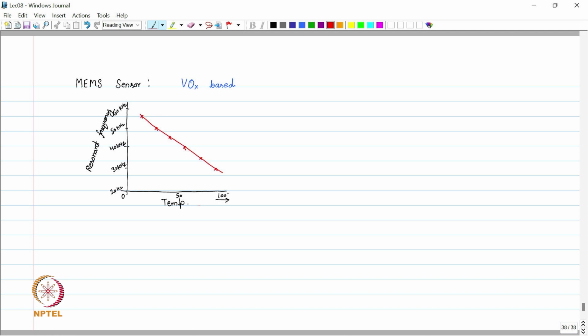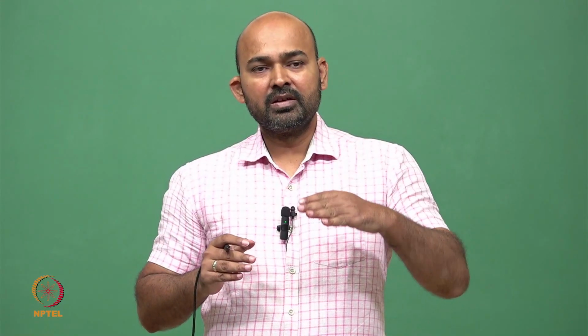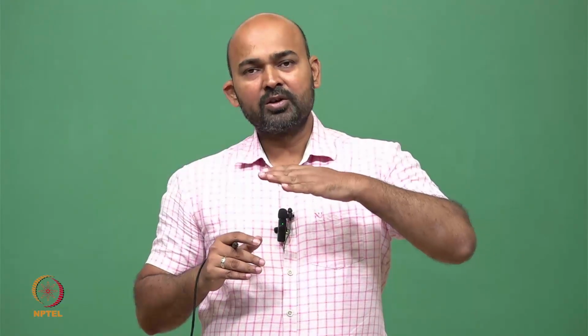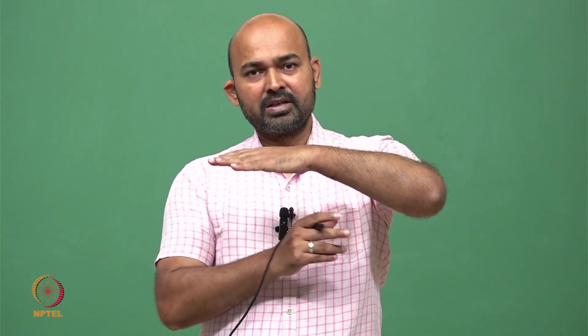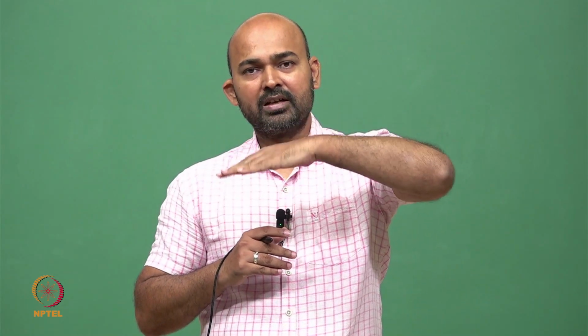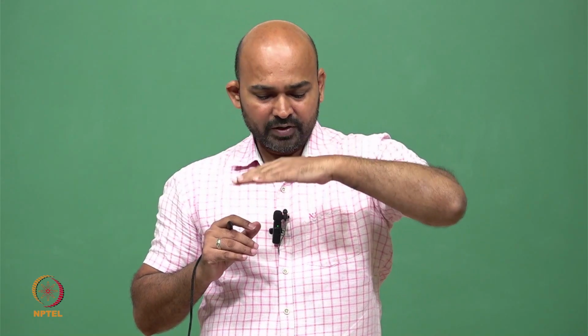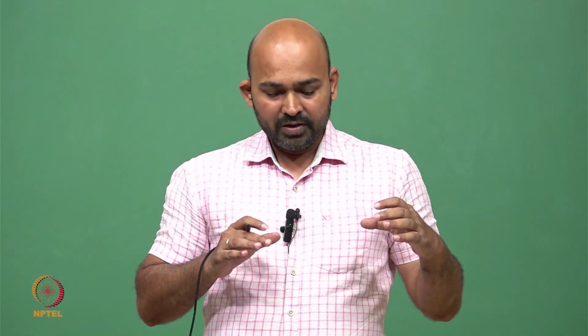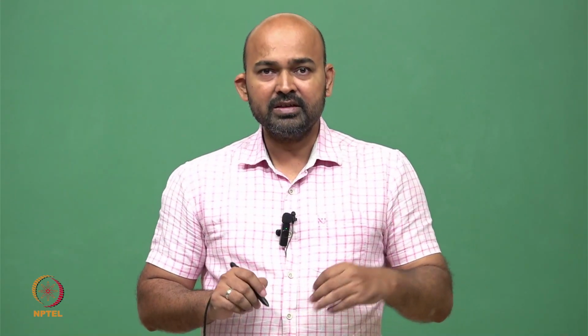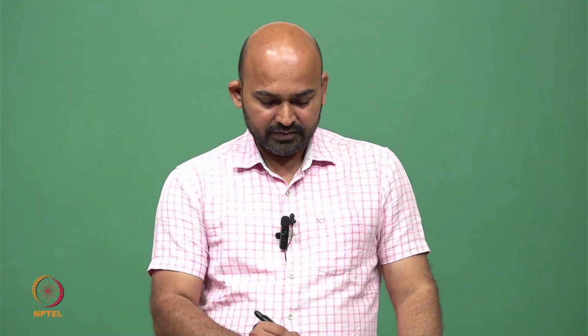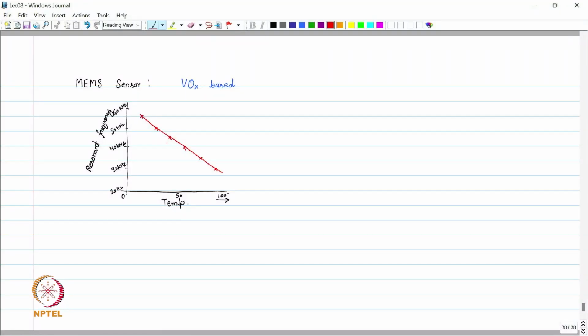So now we see the resonant frequency, which means that this vanadium oxide microcantilever is fixed at one end and swinging at the other end with a certain resonant frequency. This resonant frequency is decreasing with increase in the temperature for this vanadium oxide based thermal sensor.